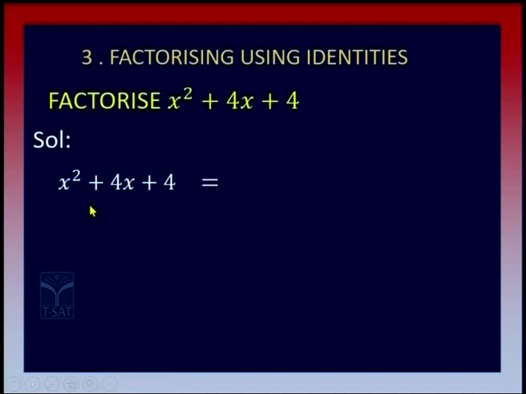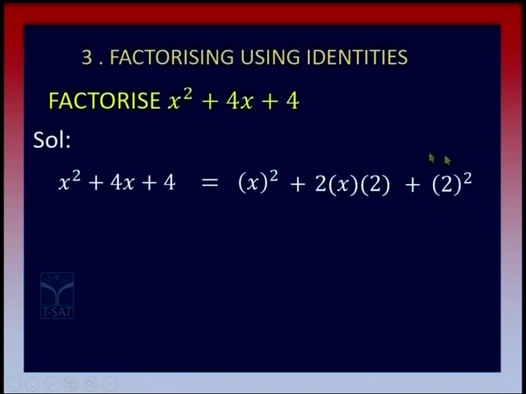So this x square plus 4x plus 4 is written as x square plus 4x. Here I am writing 4x as 2 into x into 2, so that if you multiply these 3 again, you will get 4x back. And this 4 again as 2 square. Now observe this step.